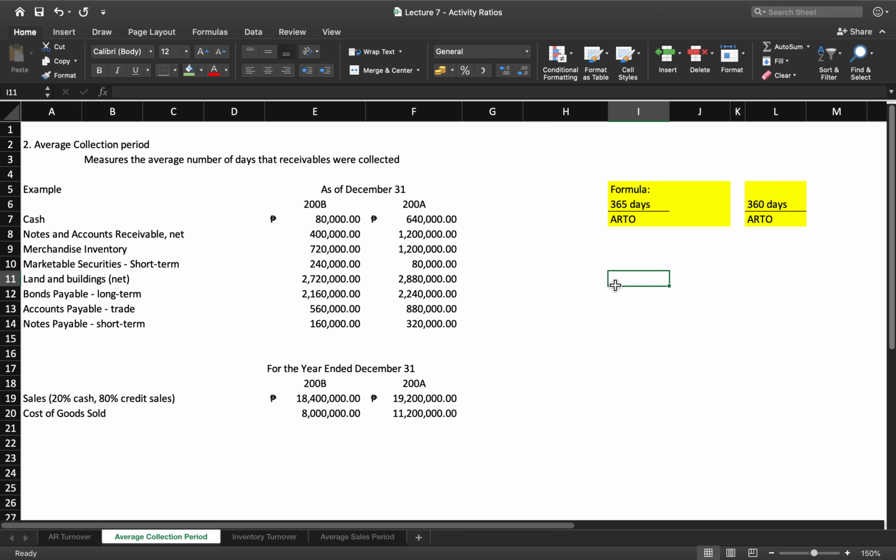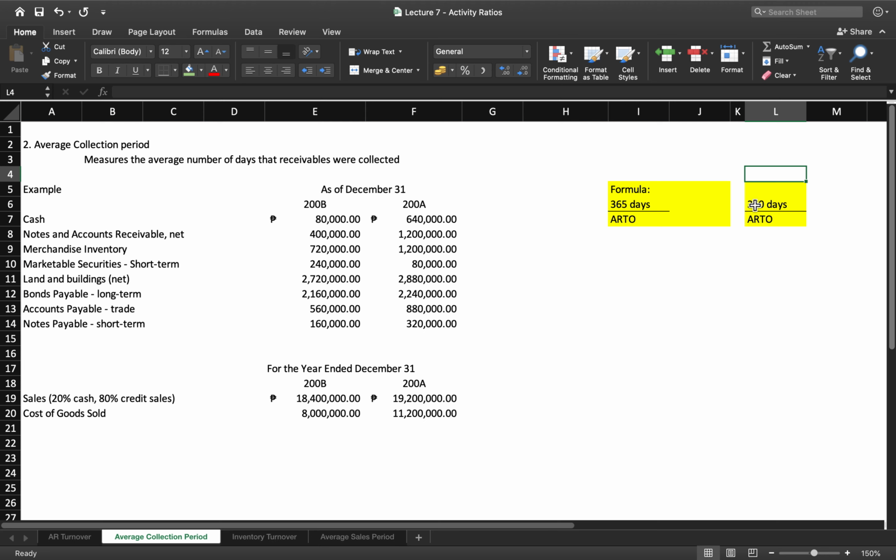So, what is the average collection period? Let us define it. Average collection period measures the average number of days that receivables were collected. There are two formulas for it. The first formula is more conservative. It uses 365 days as compared with the non-conservative formula, which uses 360 days.